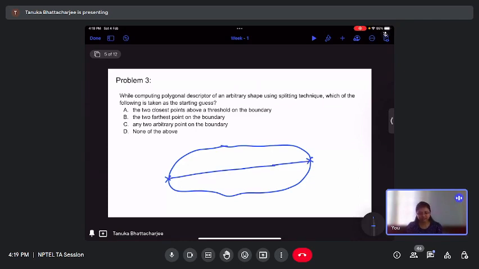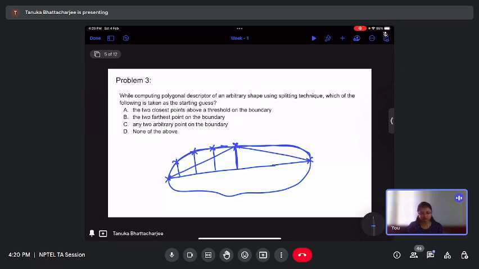First we take the first part, and for each point on this boundary you compute the perpendicular distance of that point from the line joining the initial 2 points. The point with the highest perpendicular distance from this line, we take as the next point, and we join these 2 and these 2.